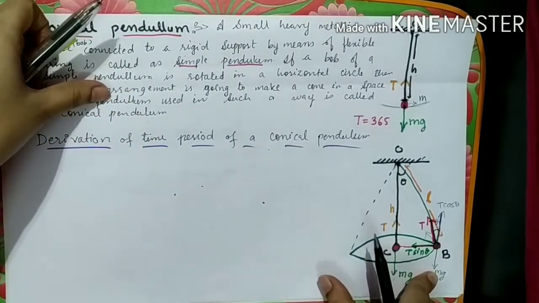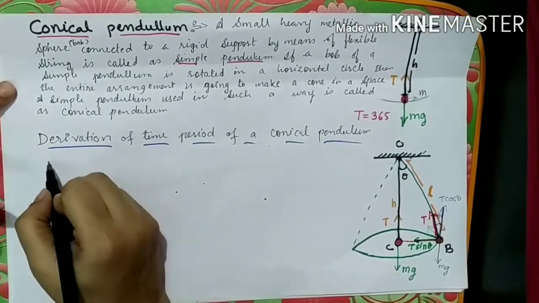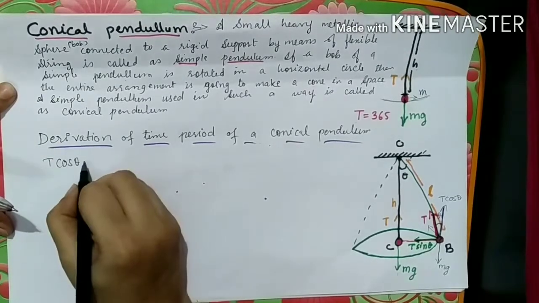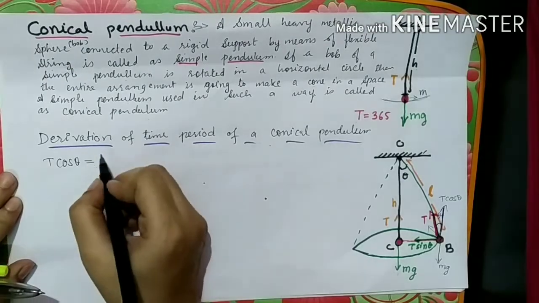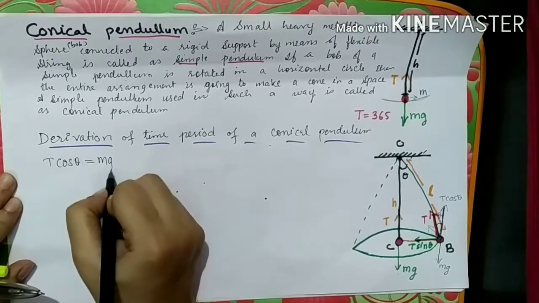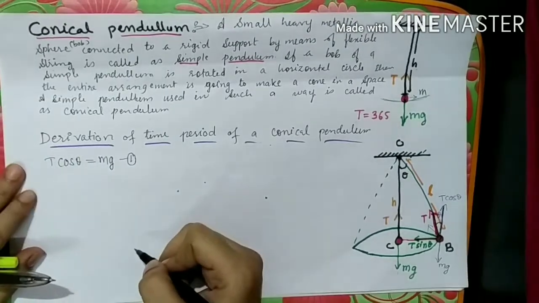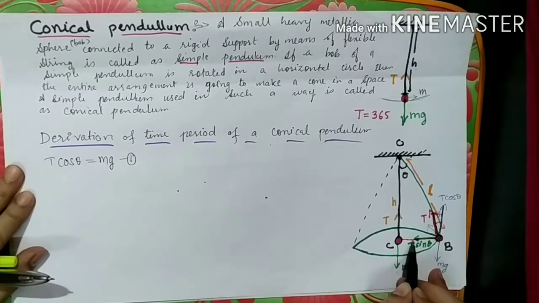So the very first equation which I will write from the diagram is T cos theta is equal to mg, equation 1.